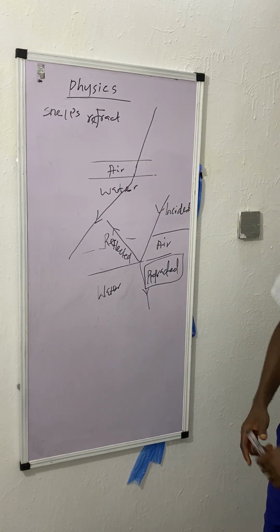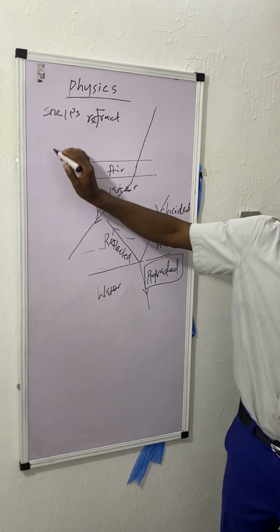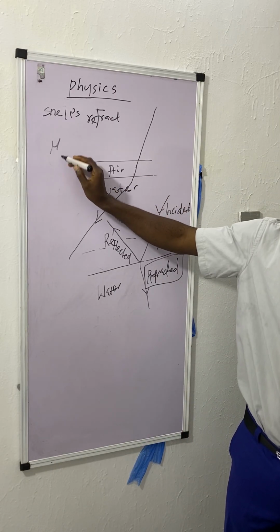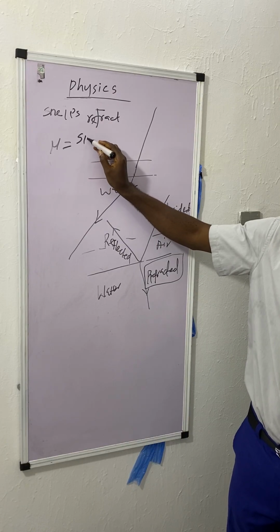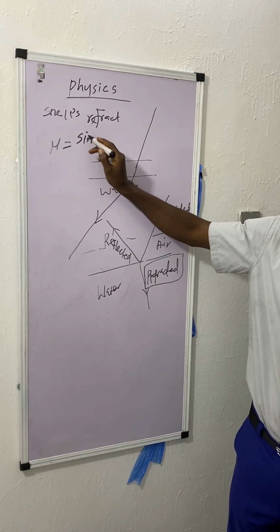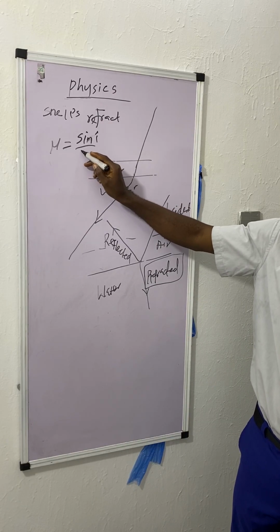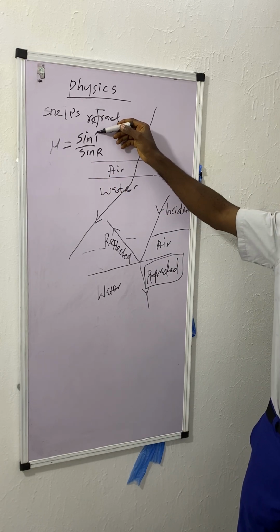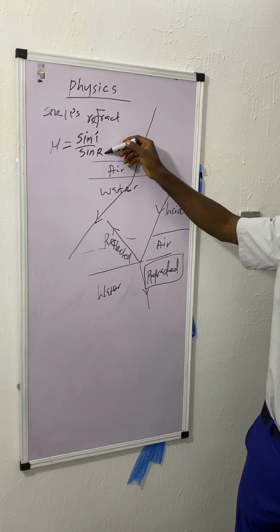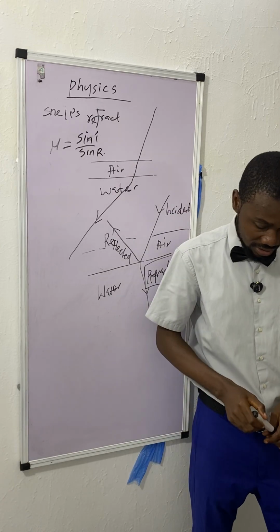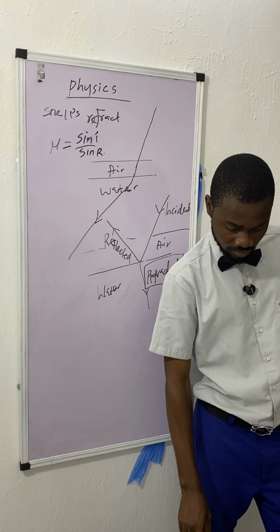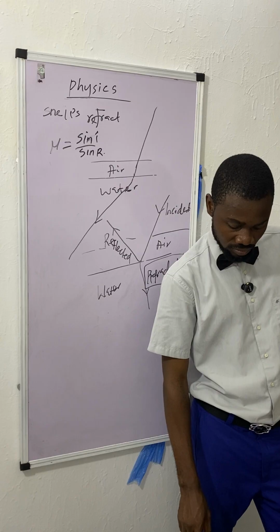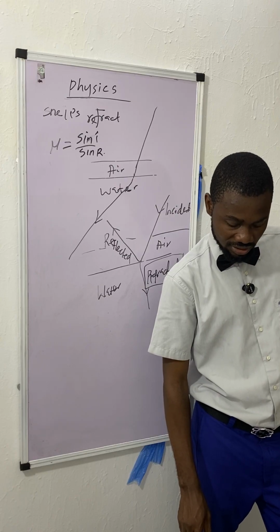All right, and the refractive index is given as n equals sine i over sine r, where i stands for the incident ray and r stands for the refracted ray. All right, incident ray and refracted ray.